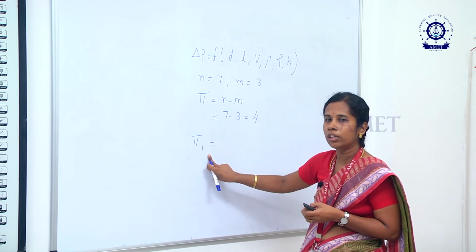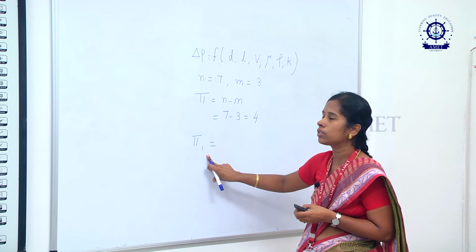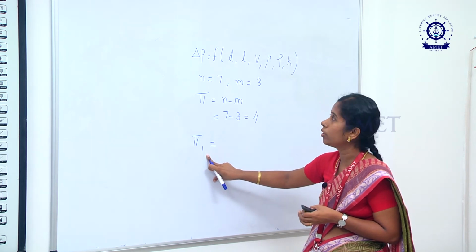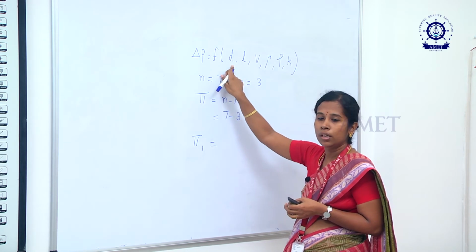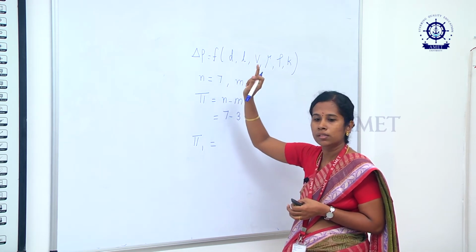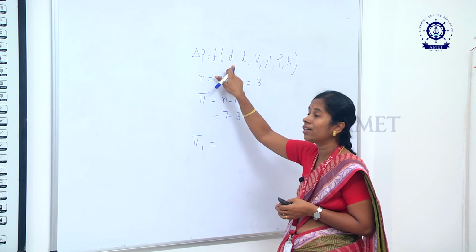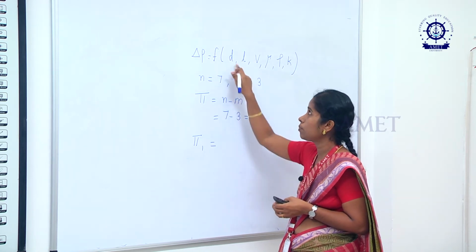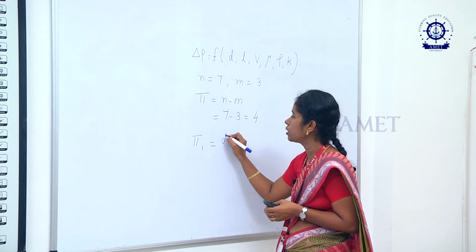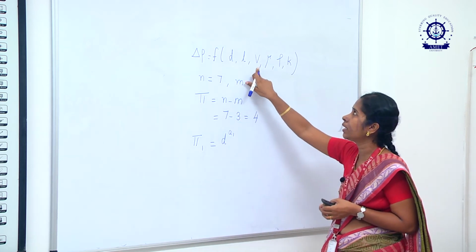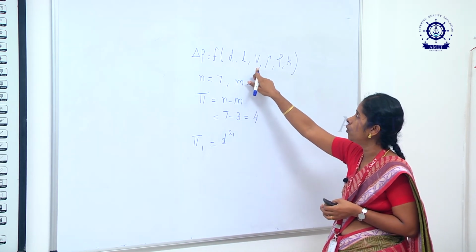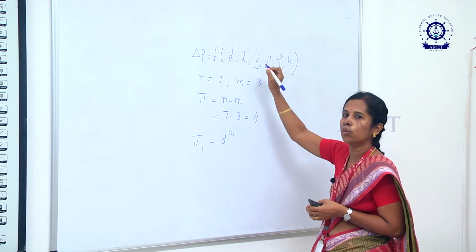The repeating variable should be selected in such a way that it should have a geometric property. What is the geometric property available here? Diameter is there, length is there. I can select either diameter or length. I am selecting diameter. So, it is d power a1. Only velocity is available as the flow property.